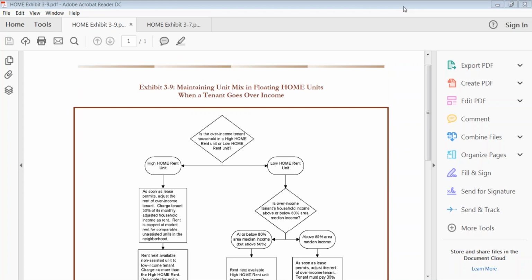So I'm going to move on, and we're going to look at the Excel export. Let me just cue it up here.